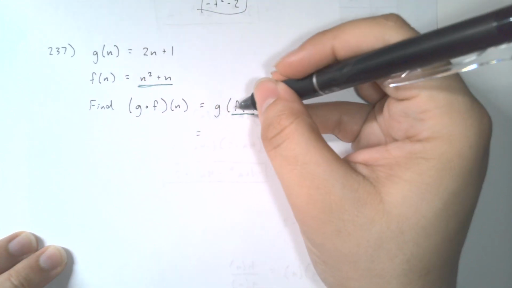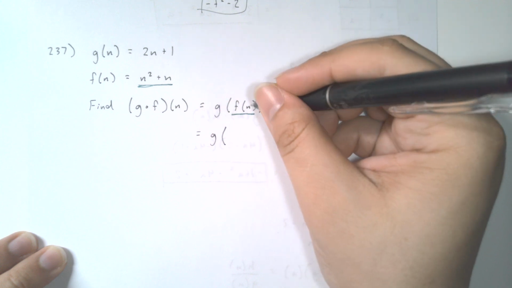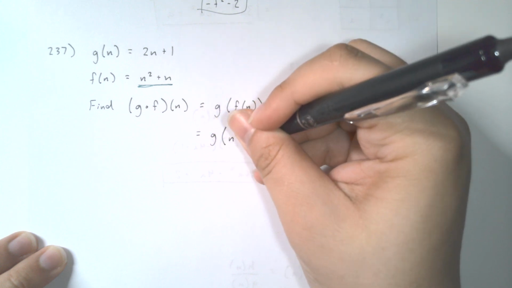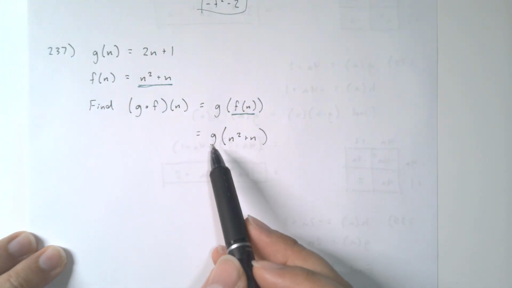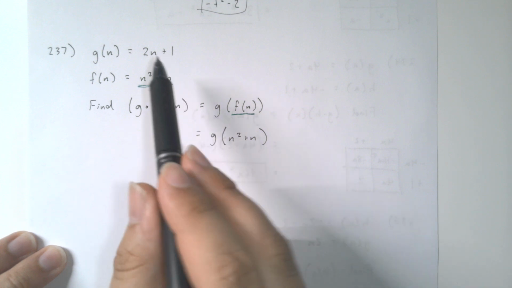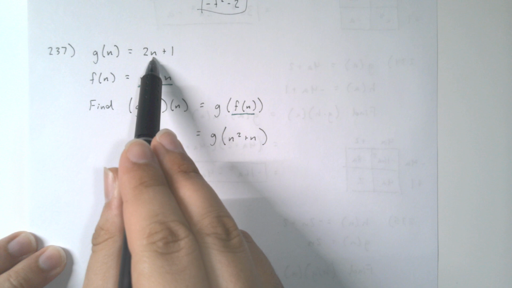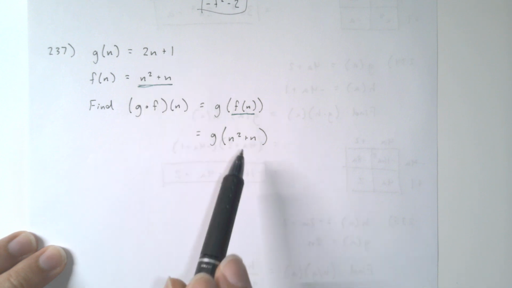So if I write g of f of n, it's g of n squared plus n. And so when we evaluate g of n squared plus n, that means that this n right here in g, we're going to replace with all of this.